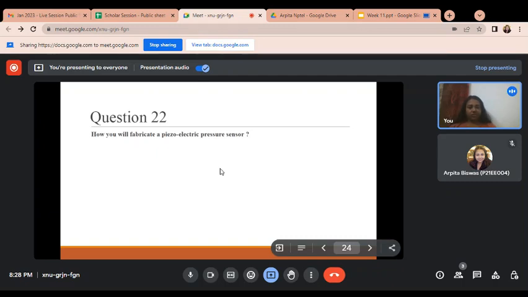So we go for the photolithography process, which we already discussed, and using the photolithography process you can pattern the electrode.